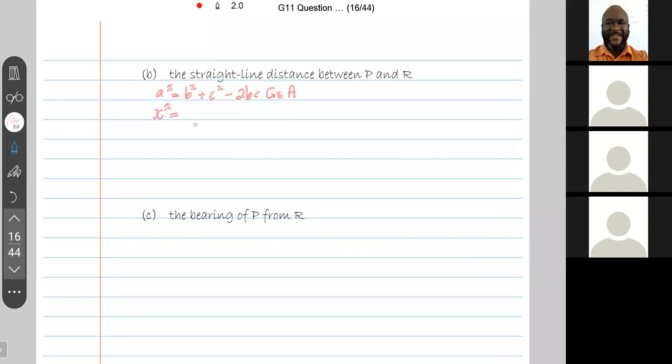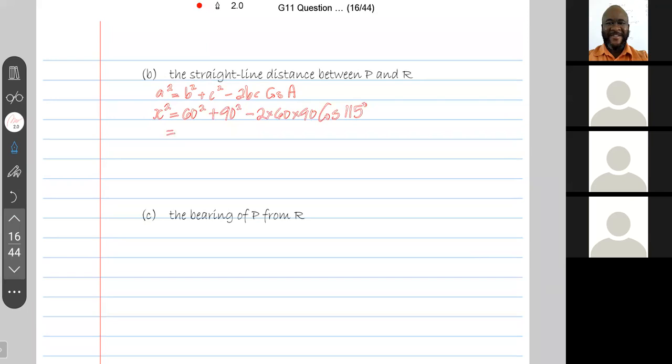The other two sides are 60 and 90. So 60 squared plus 90 squared minus 2 times 60 times 90, the cosine of the angle between them, which is 115 degrees.